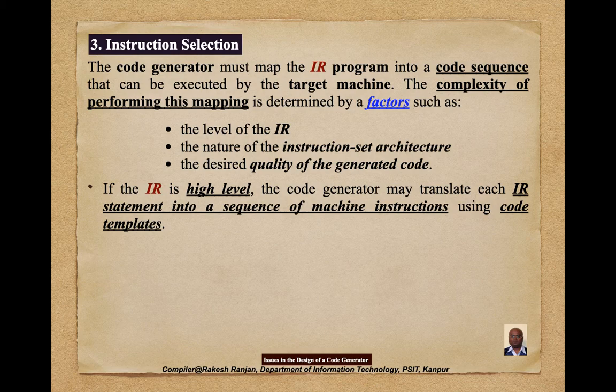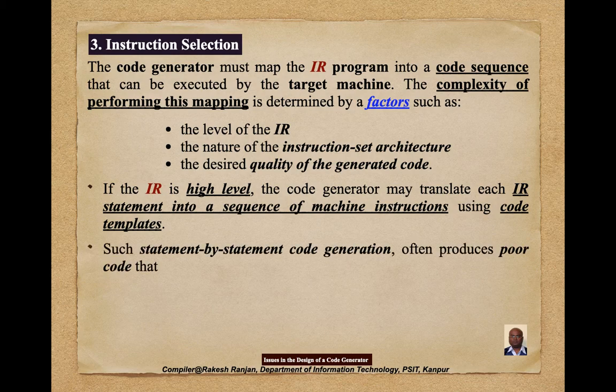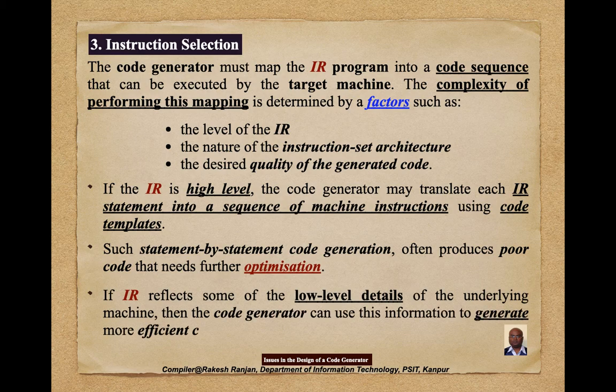If the intermediate representation is high level, the code generator may translate each intermediate representation statement into a sequence of machine instructions using code templates. Such statement by statement code generation may not produce good code, and it may further need some optimization.